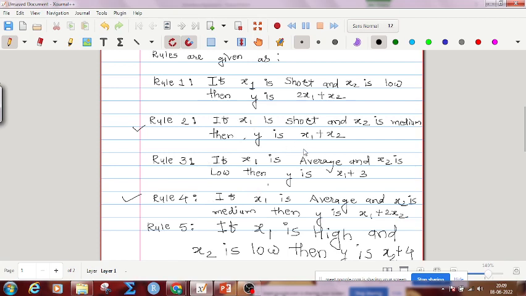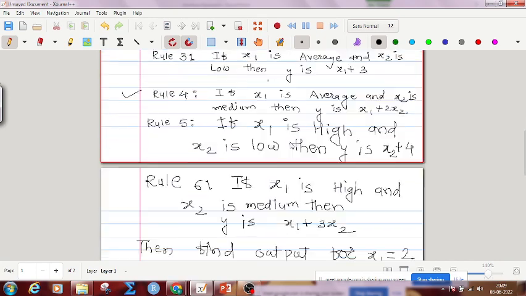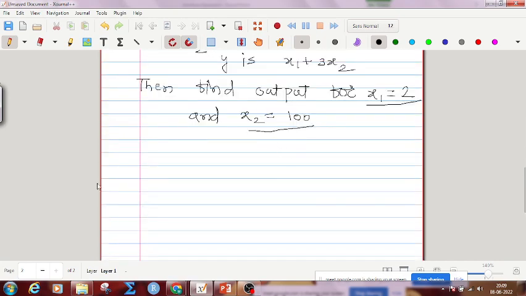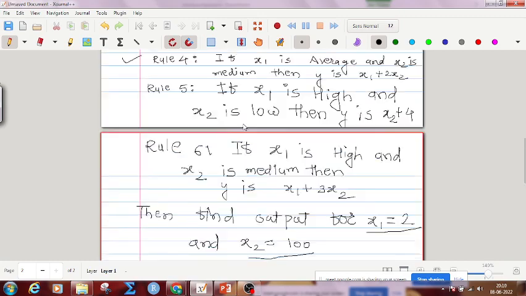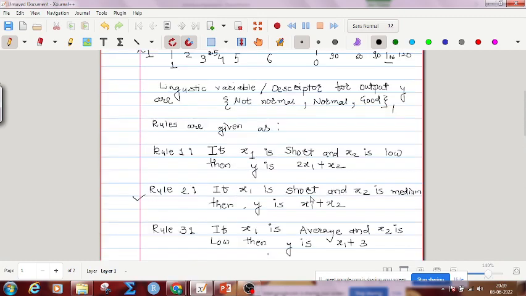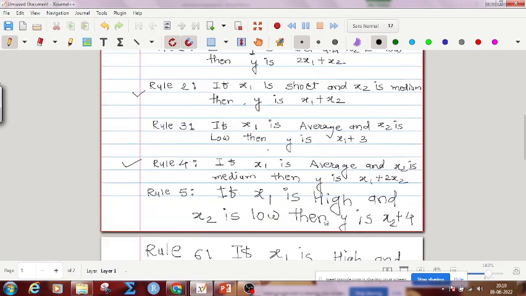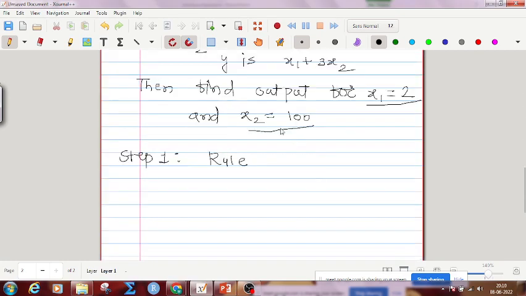So for the evaluation of these two rules, see how we are considering this. I will say step 1, in which I am going to consider the rule. So which rule? See, rule number 2: if x1 is short and x2 is medium, then y is x1 plus x2. Let me consider this rule.